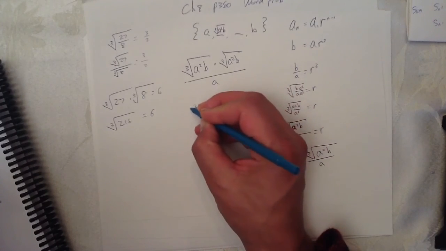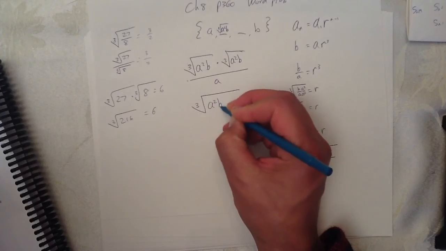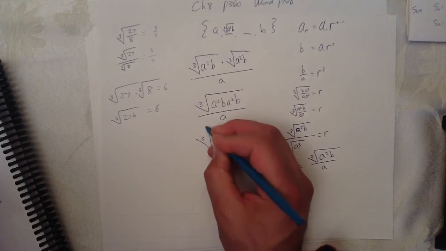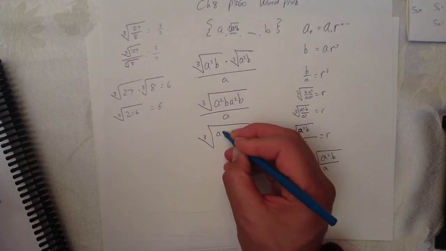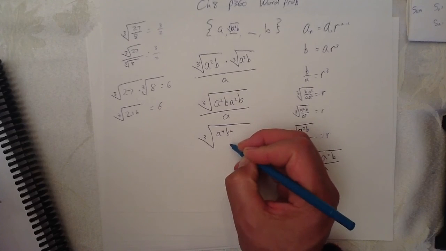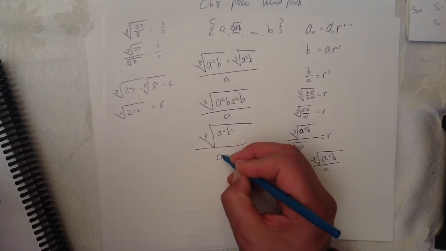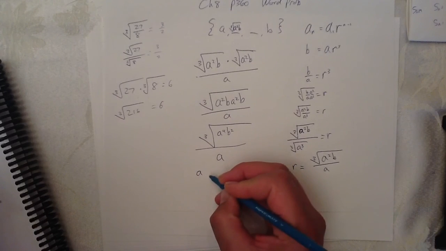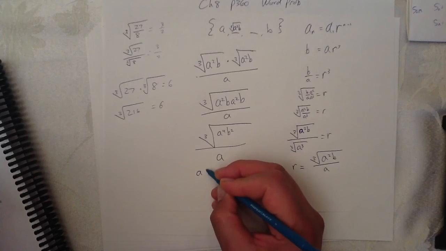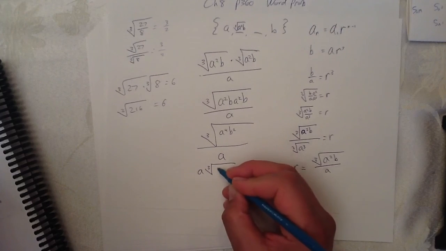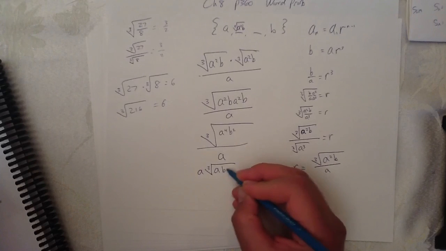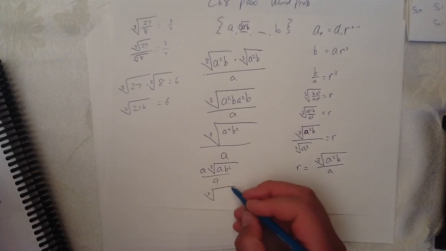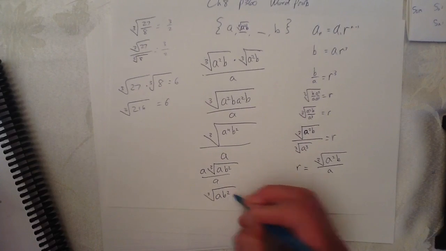So the cube root of A squared B over A equals the cube root of A to the fourth B squared over A, which equals A times the cube root of A B squared over A, which simplifies to the cube root of A B squared.